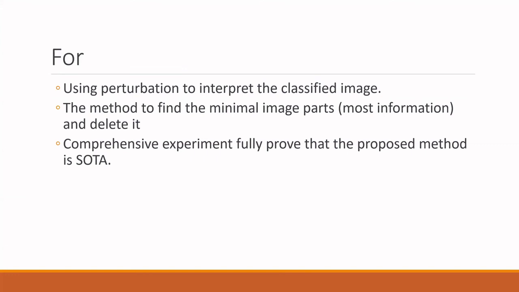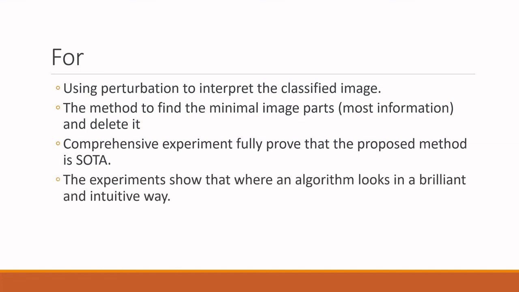The third point is that they proposed a comprehensive experiment that fully proved the proposed method is the state of the art. And the experiment shows where the algorithm looks. I think that's a brilliant and very intuitive way.